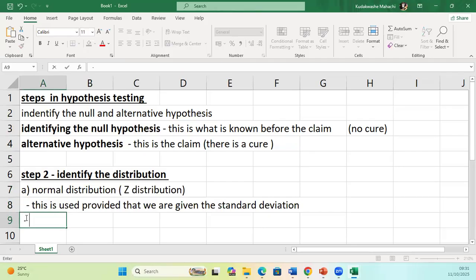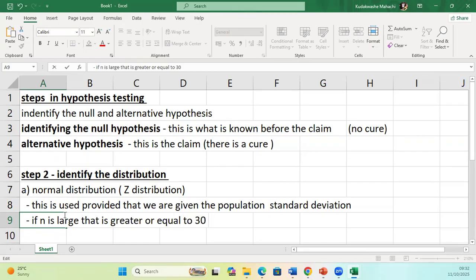Sorry, this is used provided that we are given the population standard deviation. Remember those steps in the confidence intervals. Case number 1 was saying, if we are given the population standard deviation, we use the normal distribution. Then, if we are not given the population standard deviation, we can also use the normal distribution if n is large, that is, greater than or equal to 30.